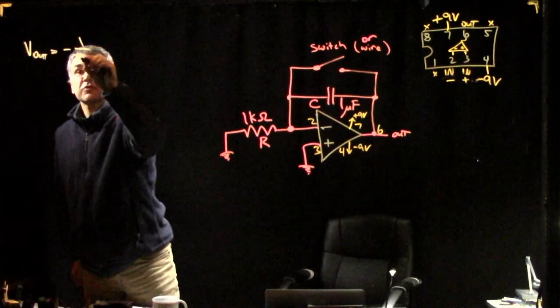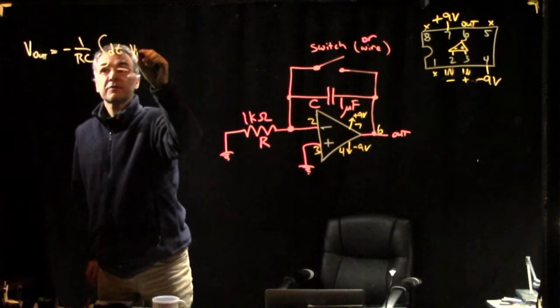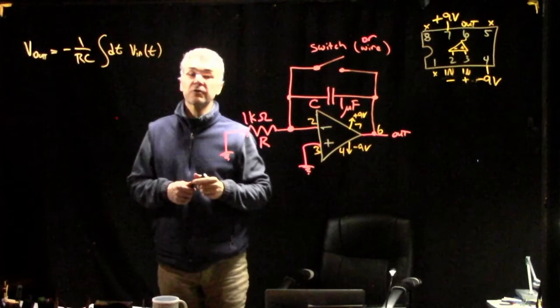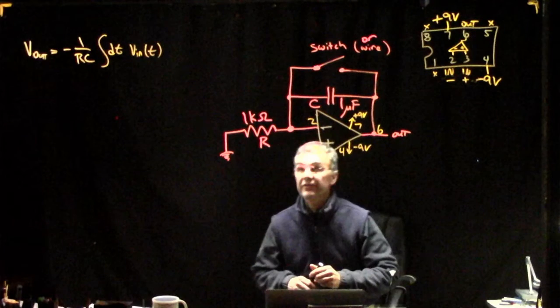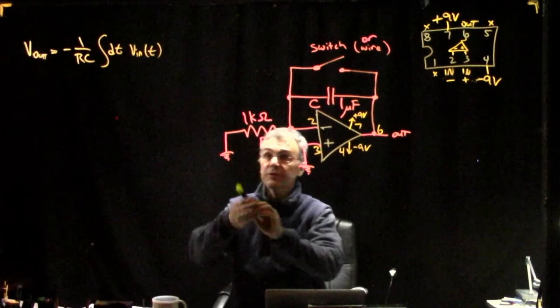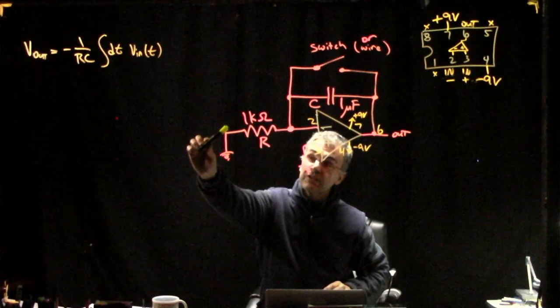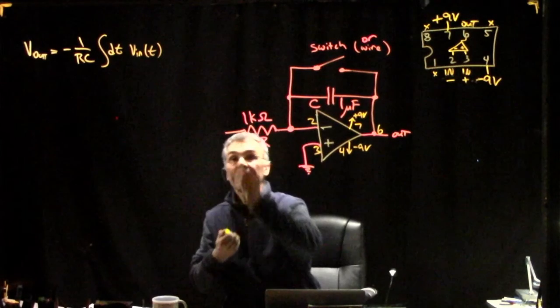1 over RC integral dt V in of t, and the way you derive that is, well, normally this is our input. Our input is grounded in this drawing. I can momentarily unground it.